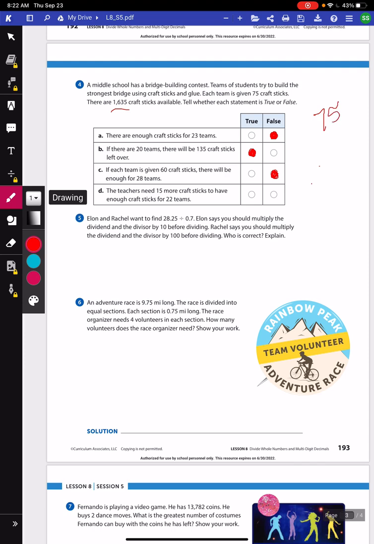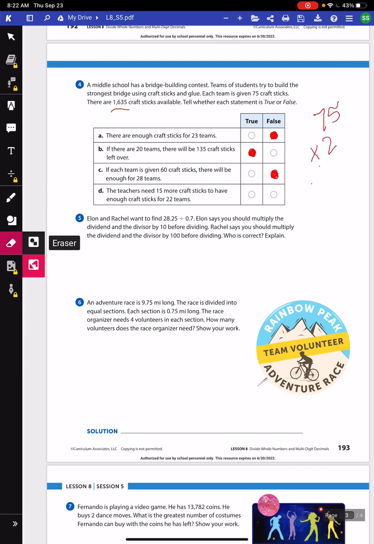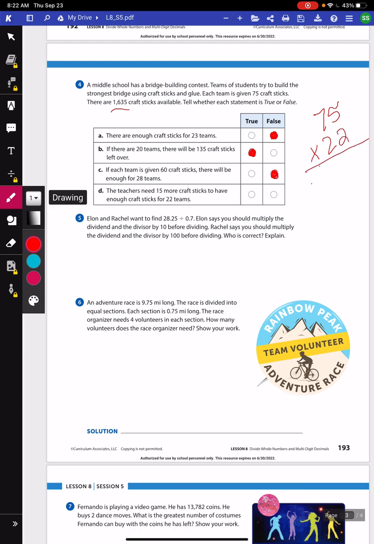So 75 times 22. 2 times 5 is 10, so I keep my 0, carry my 1. 2 times 7 is 14, plus 1 is 15. I'm done with my 2, so now I can add my placeholder. 2 times 5 is 10, so I keep my 0, carry my 1. 2 times 7 is 14, plus 1 is 15. I'm done with my 2, so now I can add. 0 plus 0 is 0. 5 plus 0 is 5. 1 plus 5 is 6. And nothing plus 1 is 1.